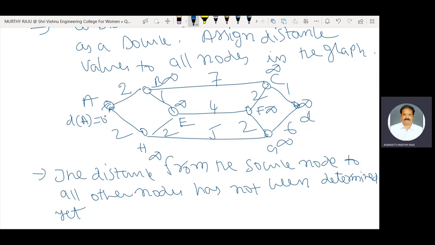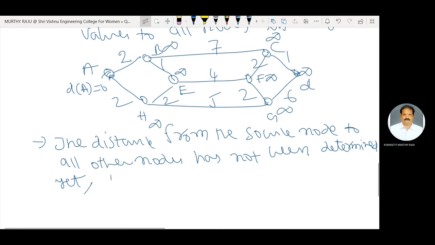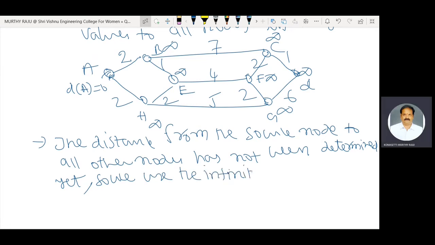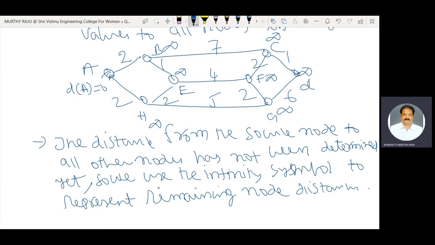That means initially the distances are not determined, so we use the infinity symbol to represent the remaining nodes' distances.